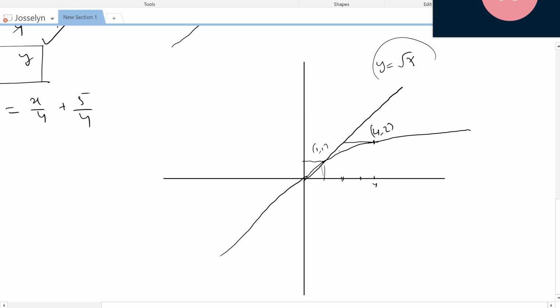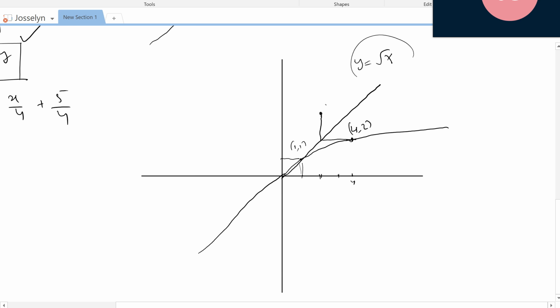It travels whatever distance you have here, it goes up, right? So this point moves right there. That point was 4, 2, and this one becomes 2, 4. Make sense to you, Jocelyn?